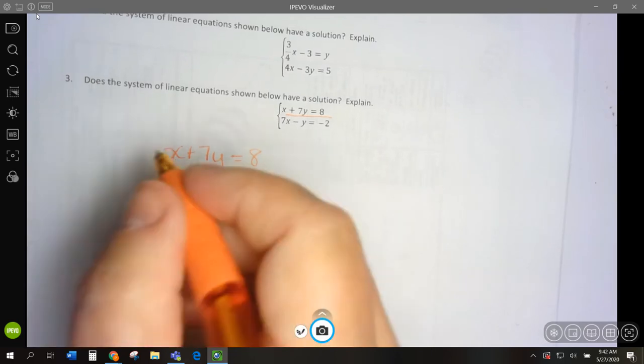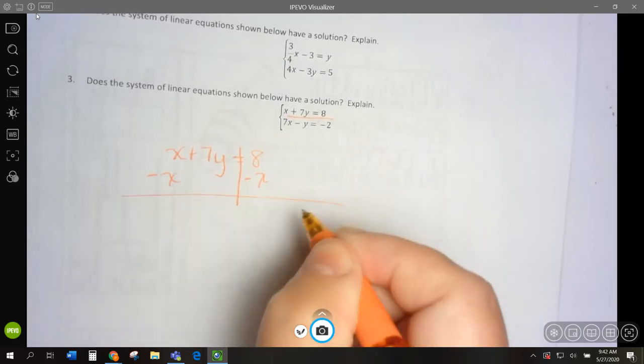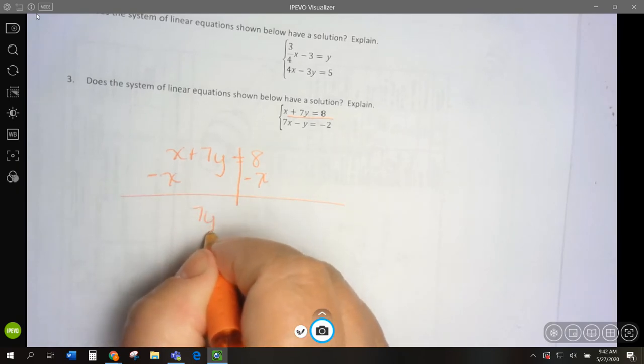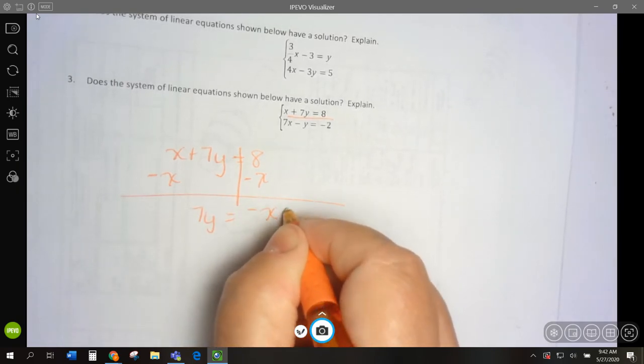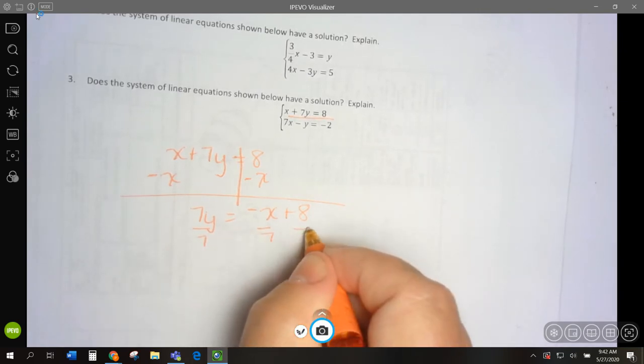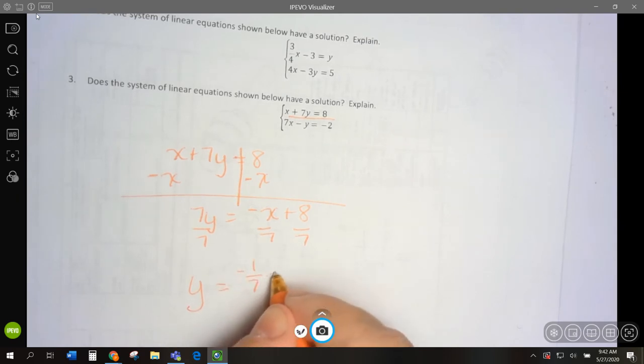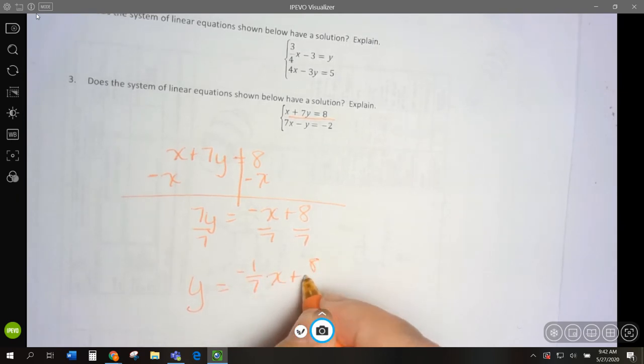So I'm going to subtract x from both sides because we want to get the y by itself. So 7y equals negative x plus 8. Divide by 7. y equals negative 1/7 x plus 8/7.